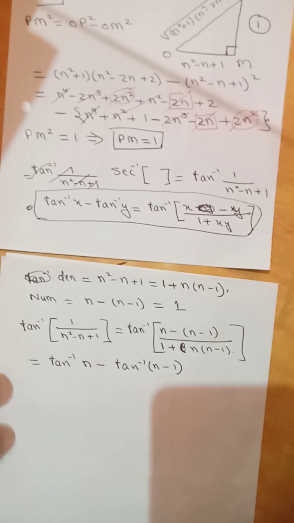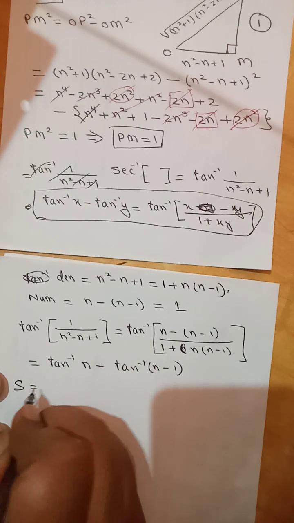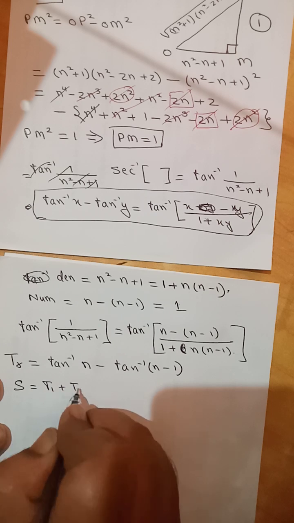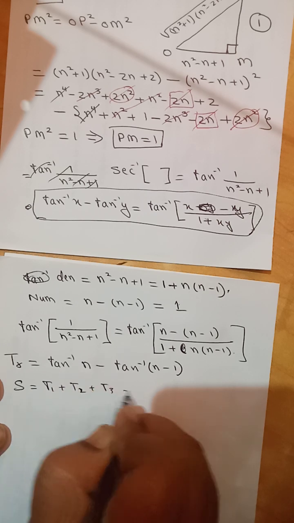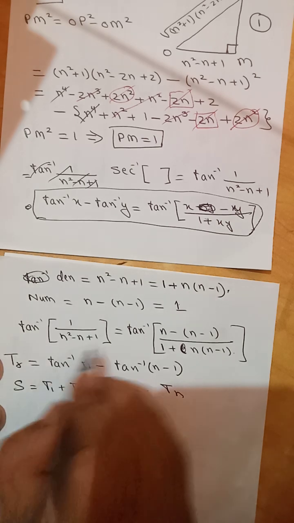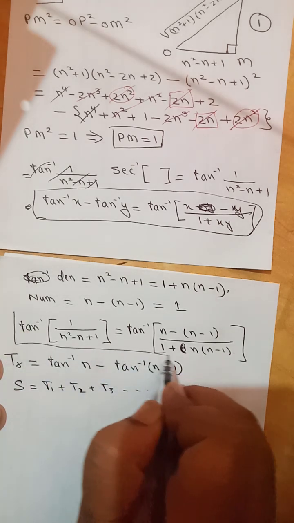Okay. See here, for the summation, S is equal to T1 plus T2 plus T3 up to Tn. I will take the general term Tr and go up to Tn. This formula I will box.